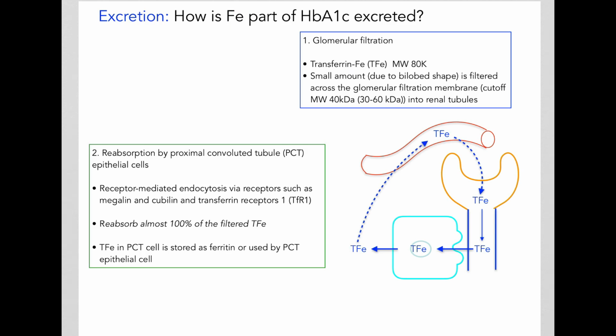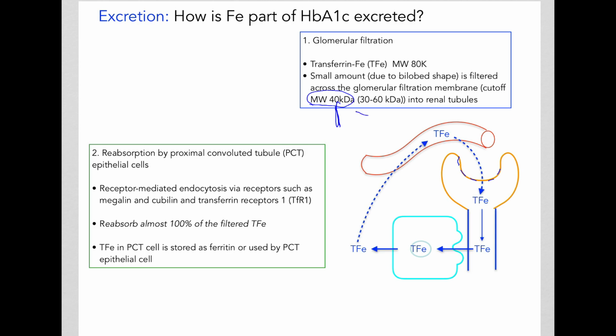Remember, the iron is bound to transferrin. So we have transferrin iron, TFE, in the bloodstream. The molecular weight of transferrin is about 80,000. The cutoff for the glomerular filtration membrane is about 40,000. So when we say 40,000, we don't mean exactly 40,000.